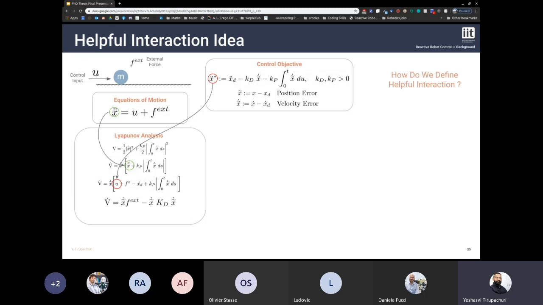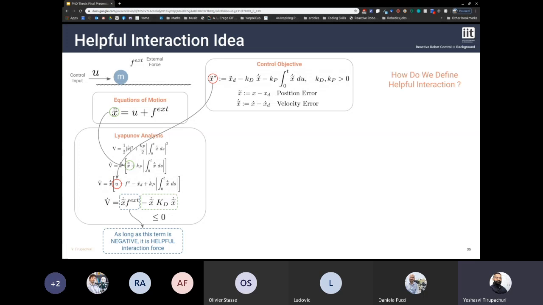Now, the stability of the system under the influence of this control input, and more importantly, this external force, is ensured only when the derivative of the Lyapunov function is negative. The second term here is always negative. Now, the stability is decided based on how the first term behaves. As long as this first term is negative, the interaction force here can be characterized as a helpful interaction force.